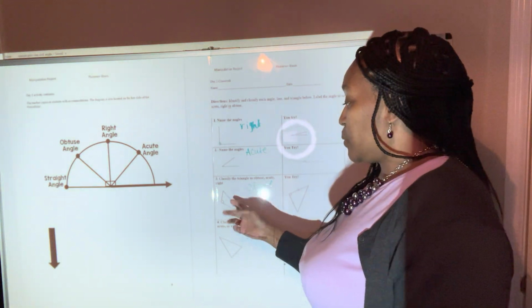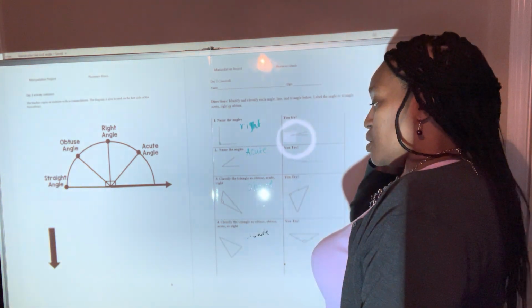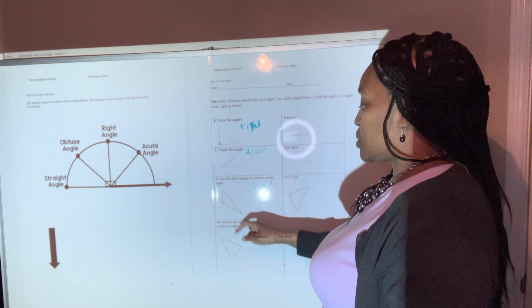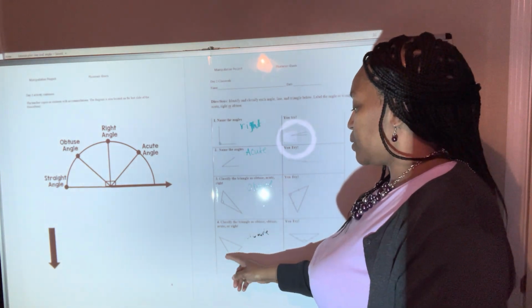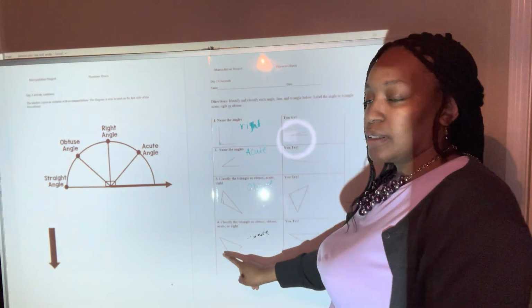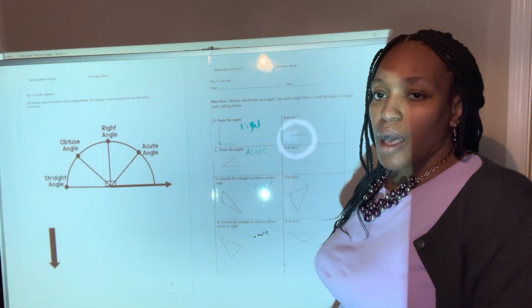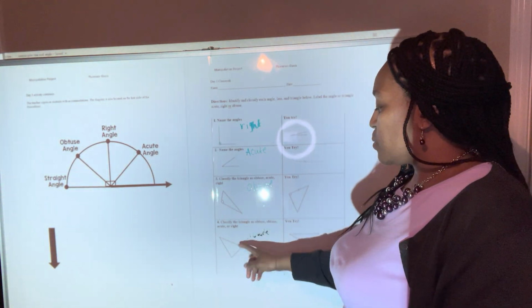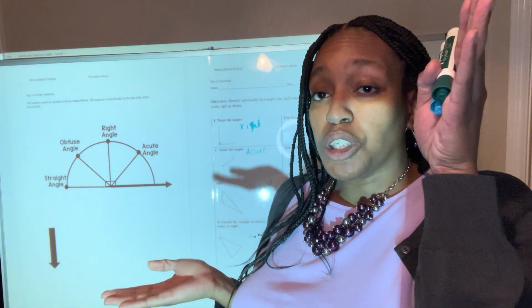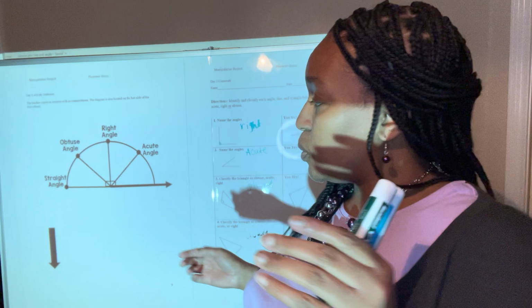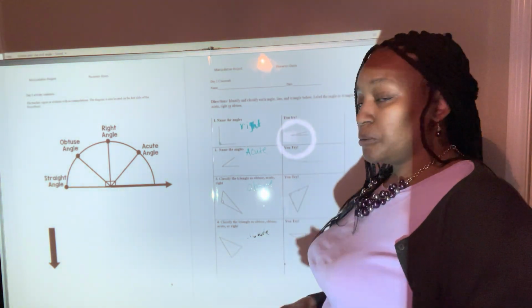When we did our hand signals, we noticed that it was an obtuse angle. And this one's a little bit trickier, but when we looked at it, we noticed that it was more of an acute angle, based on it not being wide enough to be an obtuse and not being an L shape for a right angle, so it has to be an acute angle.